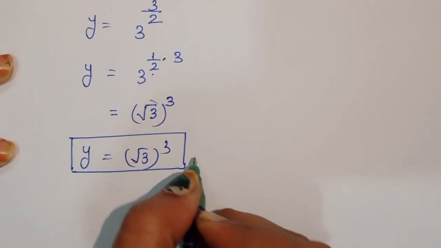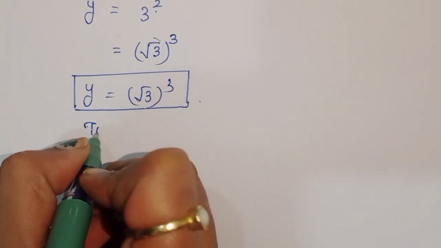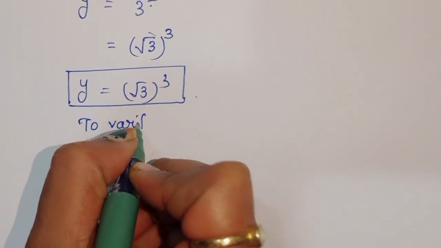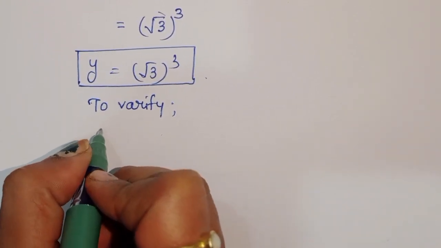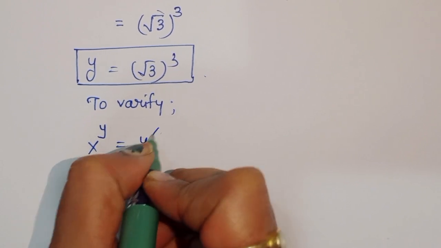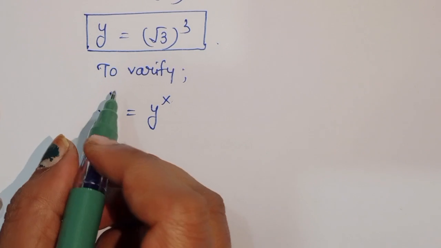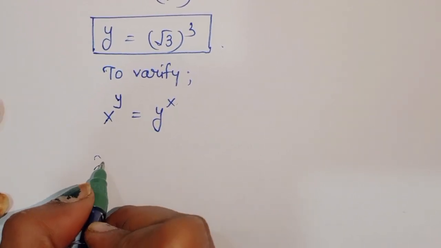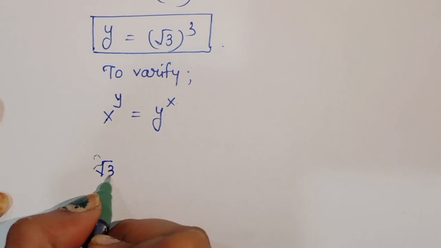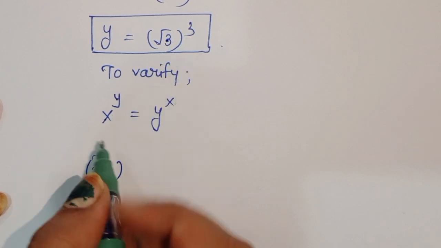This is the value of y. Now we have to verify this value. Is this correct? To verify, we know that the question is given x power y is equal to y power x. So the value of x that we got is square root of 3, and the value of y is square root of 3 raised to 3.